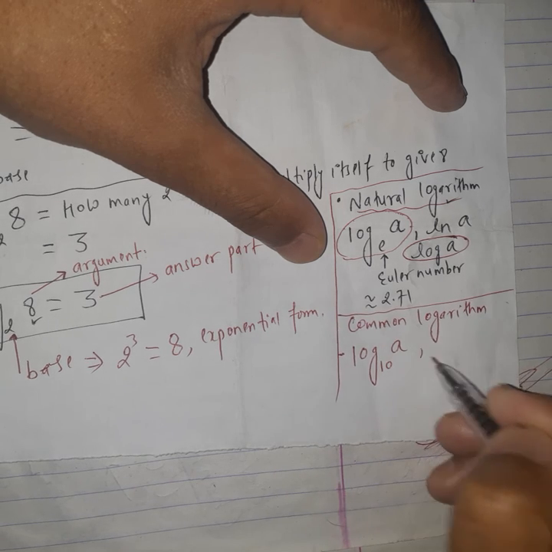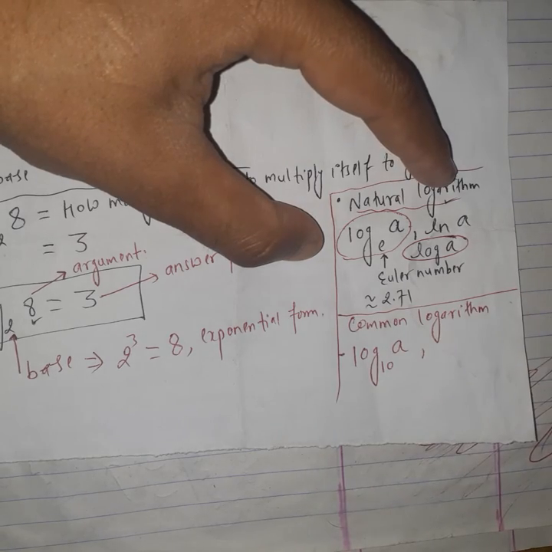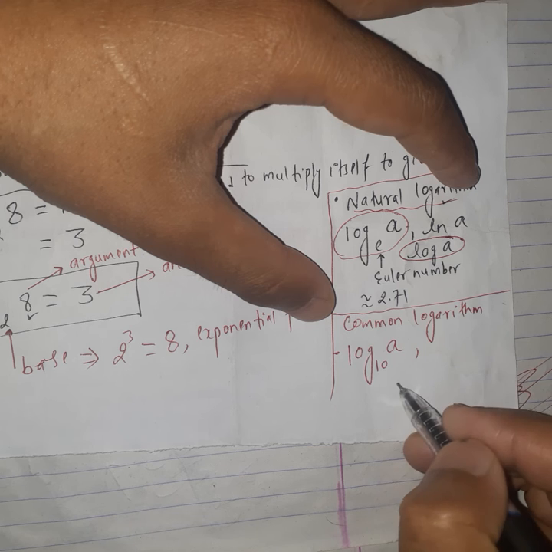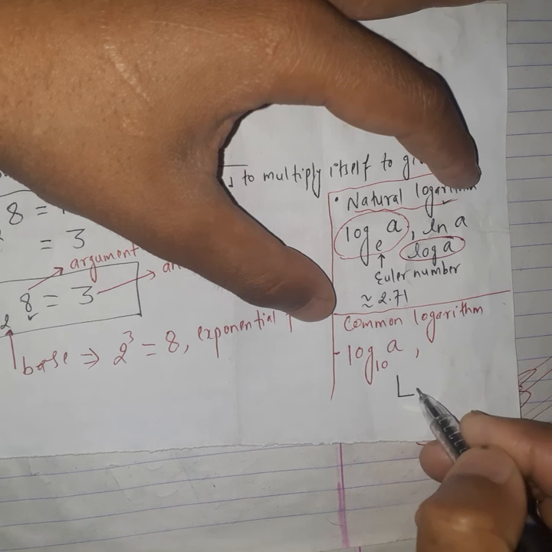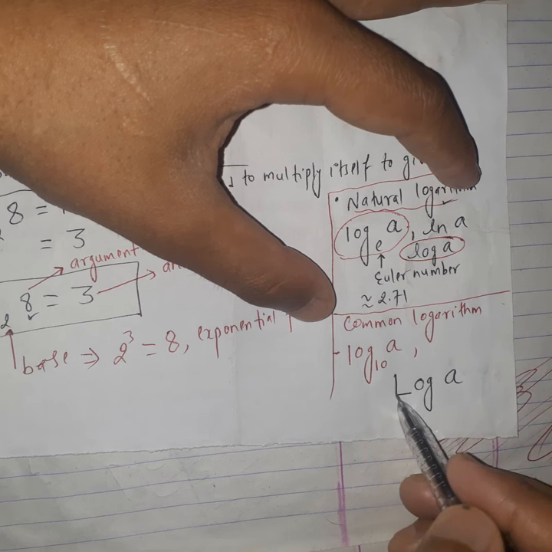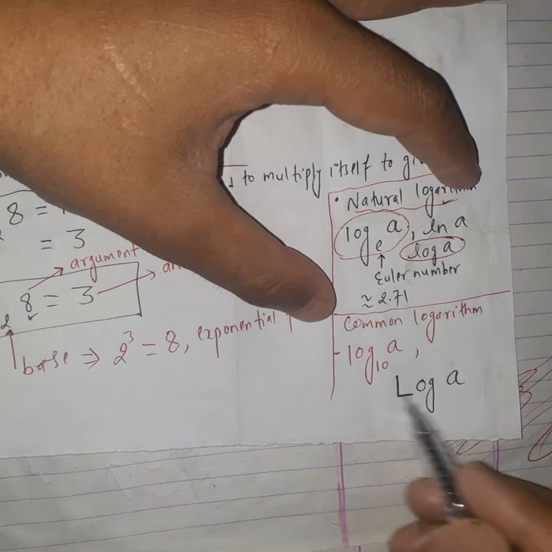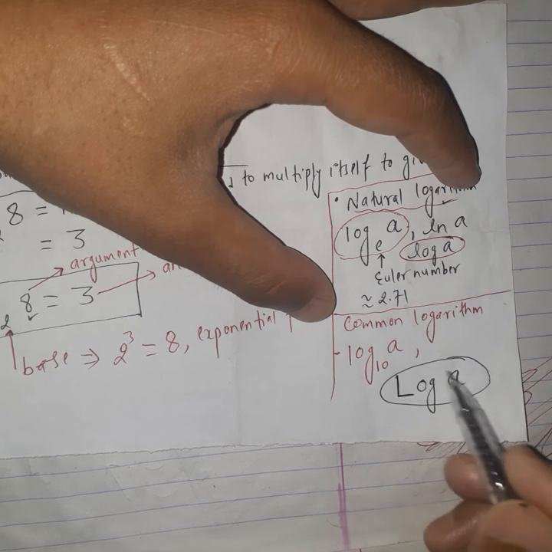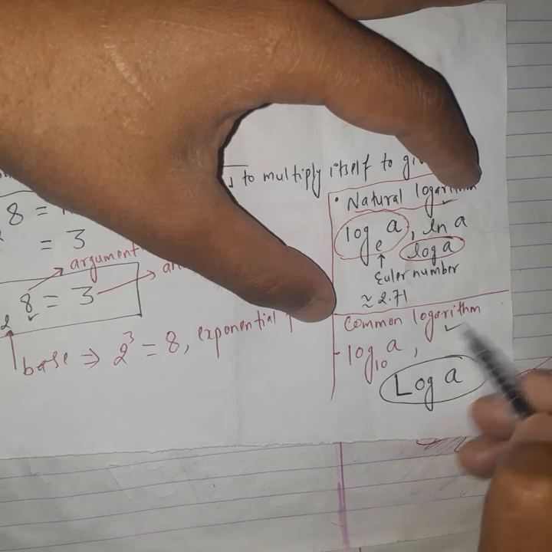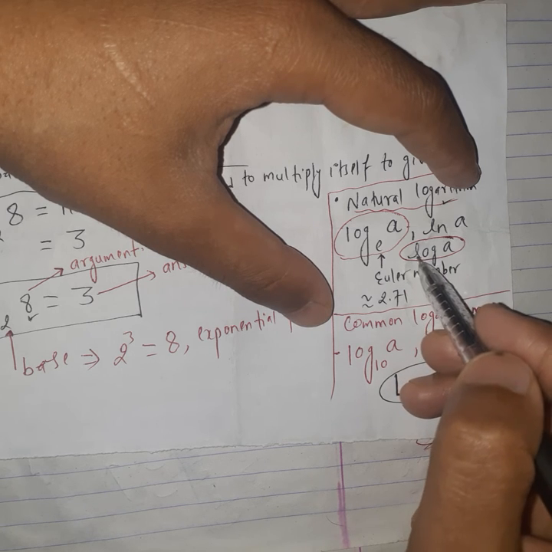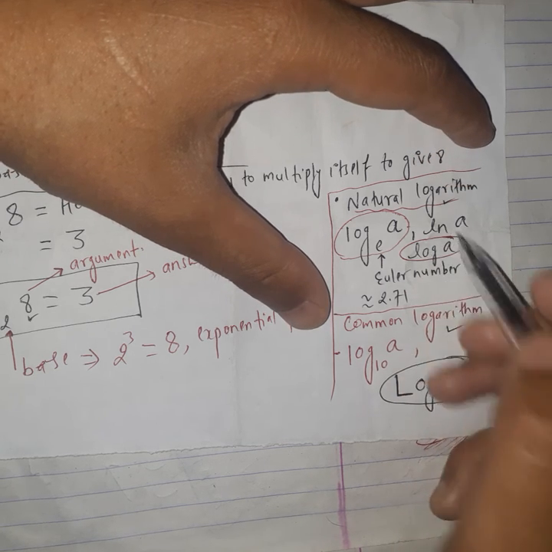The common logarithm can also be written with a capital L, Log of a. If we write an uppercase L, this notation represents the common logarithm. It has base 10. If the lowercase l is used, then it is the natural logarithm.